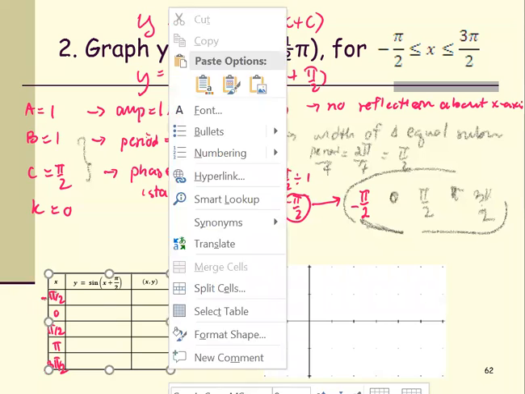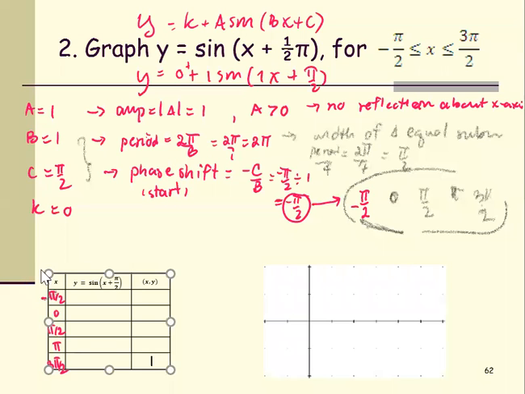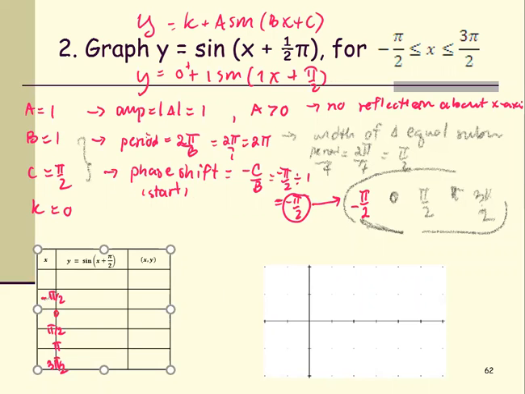Let's make the table bigger. Negative pi over 2, 0, pi over 2, pi, and 3 pi over 2.